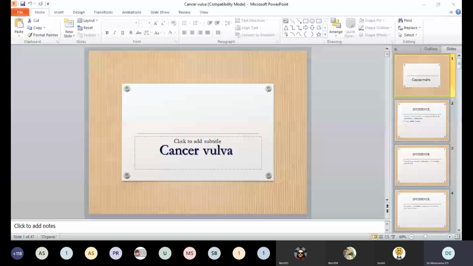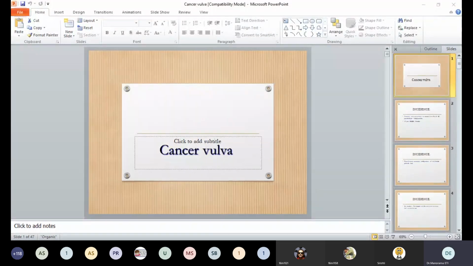We all know that type 16 and type 18 are high risk for causing cancer cervix. So the same viruses are involved in cancer vulva also. So whenever cancer vulva is suspected, we should also see whether cancer cervix is associated with it.